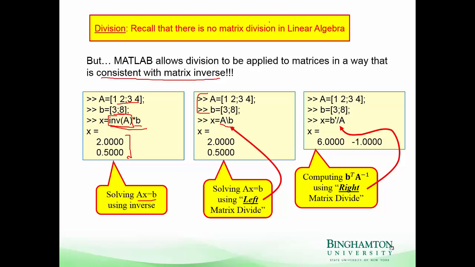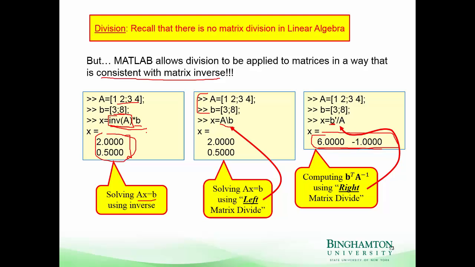Now, if we do it from the right, we can't put B here. If you were to put B here without the transpose and try to do B right matrix divide A, you'll get an error. MATLAB will tell you that the sizes of those are not proper for doing that. And I would encourage you to try that, see what happens. But if we do B transpose and then do right divide A, well, now we get a row vector, but that's not the solution to this AX equal to B. And in fact, you can check the numbers that we get here are not actually the same as what we got over here.